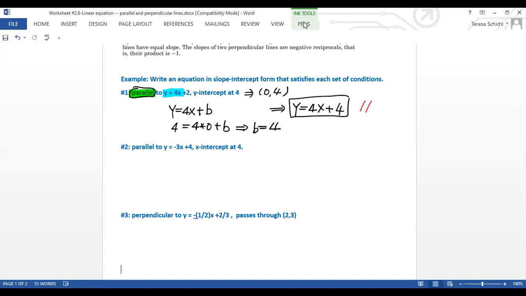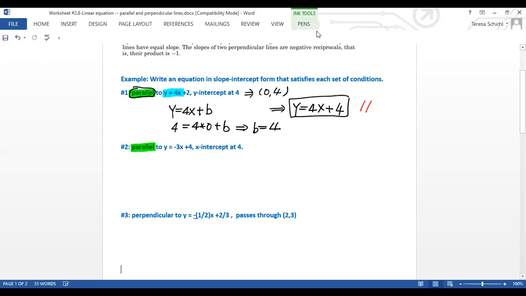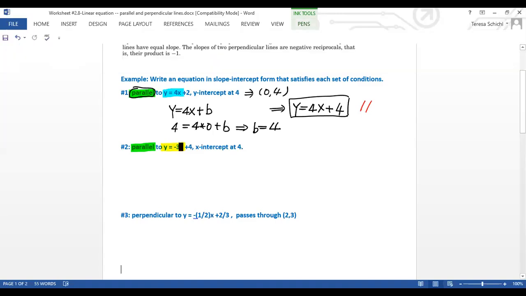Now let's take a look at the next one. Find the parallel line to this line. As soon as you see parallel, you immediately know I'm keeping the first two constants the same. So you say y equals negative 3x. I'm not doing anything to these two.